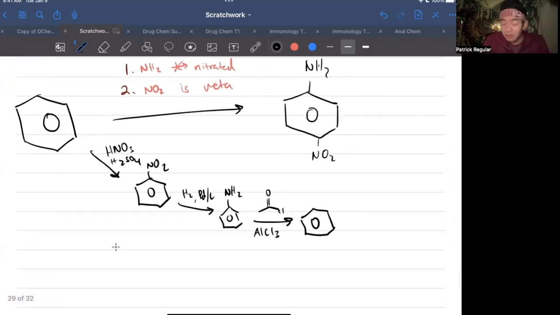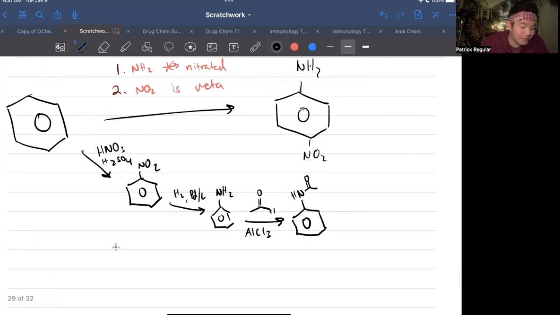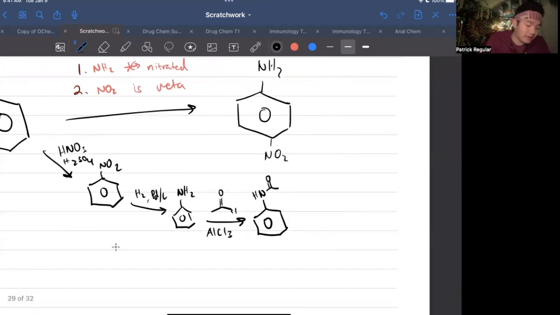But that's kind of what we're going for. It's going to look something like this. So if that's our compound, well, that still has a lone pair. I have an amide group. It's ortho/para directing. So if we were to nitrate again, HNO3, H2SO4, get something like this.